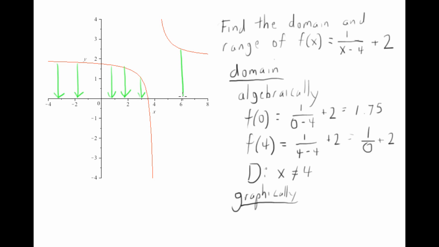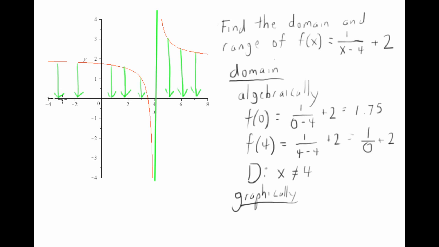We'll go over here as well, and you see we cover a lot of points. You may even see this if you plotted this on your graphing calculator. There's kind of this line. Ooh, that's not a great line, but there should be a vertical asymptote at 4.